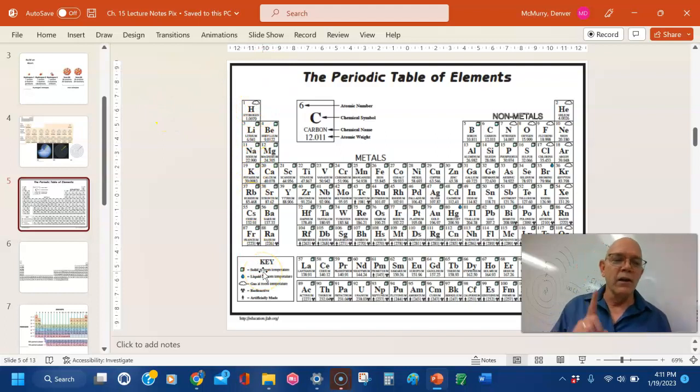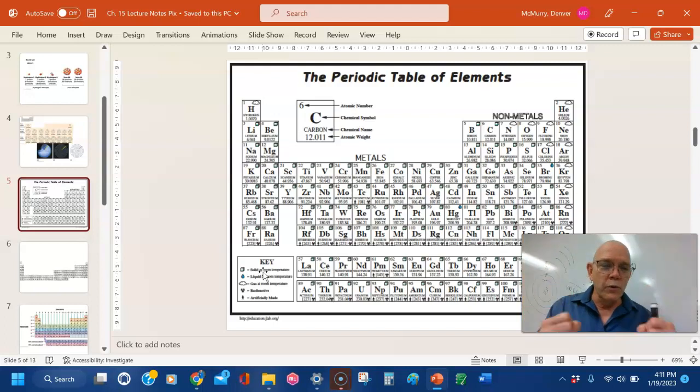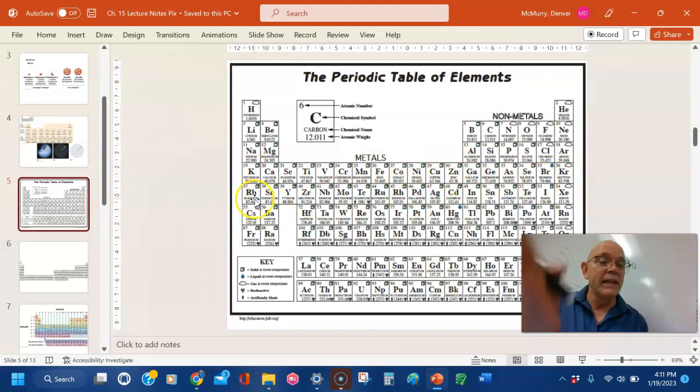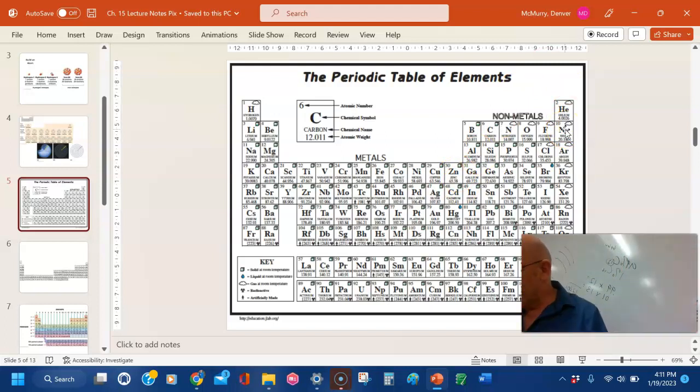There's a few columns we'll talk about later that are exceptions to that, but for the most part, the groups, the families, the columns are similar to each other. That's why it's called periodic, because as you go across the period, you go all the way over here, and then boom, you come back and you have a repeating pattern. Okay, and so if you put them in this repeating pattern, all the ones that are like each other line up in the same column, and that's where they eventually came up with the periodic table.